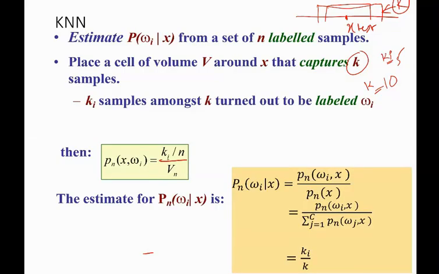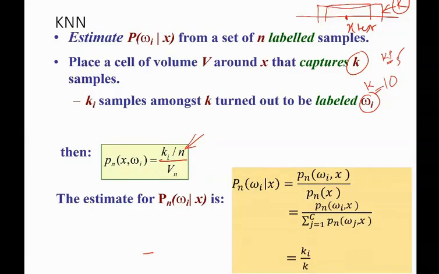So Ki samples amongst K turned out to be labeled omega I. Then the joint probability of X and omega I, now see carefully, is equal to Ki, that is the number of samples belonging to omega I, divided by N divided by volume. So this is as usual from our previous estimation.